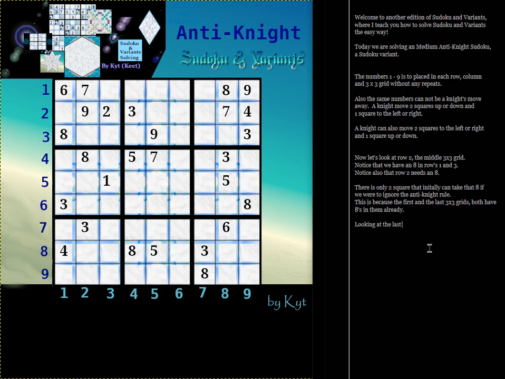Looking at the 8 in row 1, using the moves of the knight, we can see where the 8 cannot go.